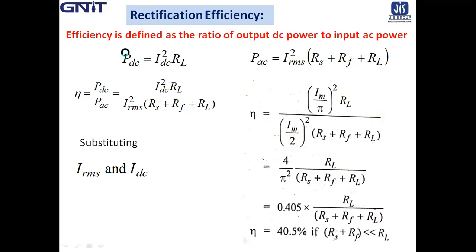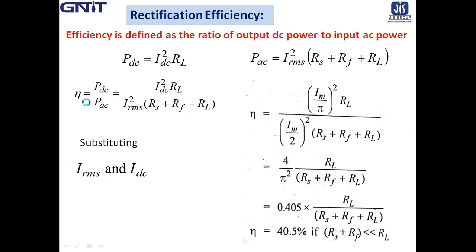Output DC power is denoted as PDC equal to IDC square into RL, and input AC power, denoted as PAC, is IRMS square into (RS plus RF plus RL), where RL is the load resistance, RF is the forward resistance of the diode, and RS is the resistance of the secondary winding of the transformer.